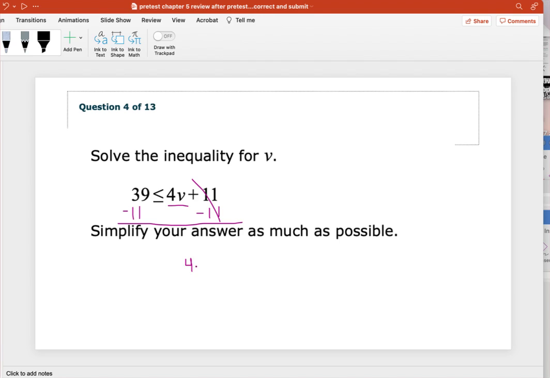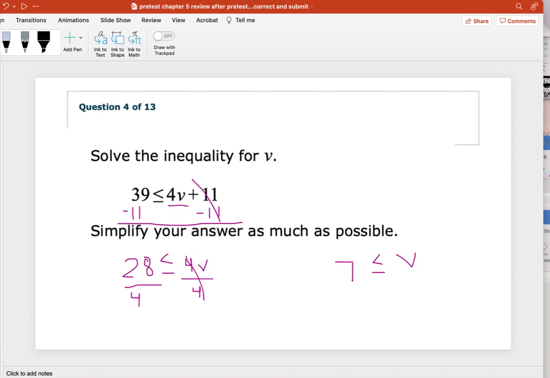Keep the sign the same. 39 minus 11 is 28. And we know we're going to divide by 4 and divide by 4 to get the V term all by itself. So we have 7 on the other side.